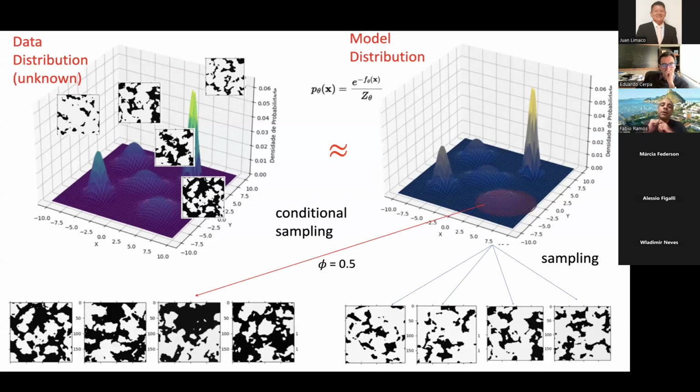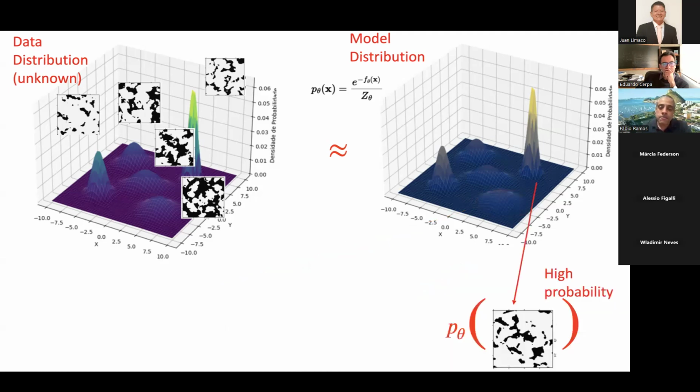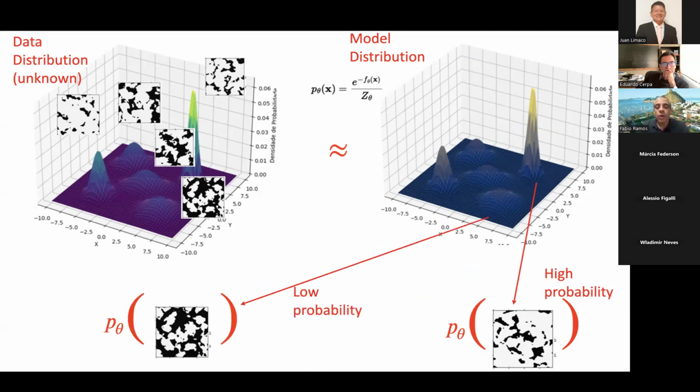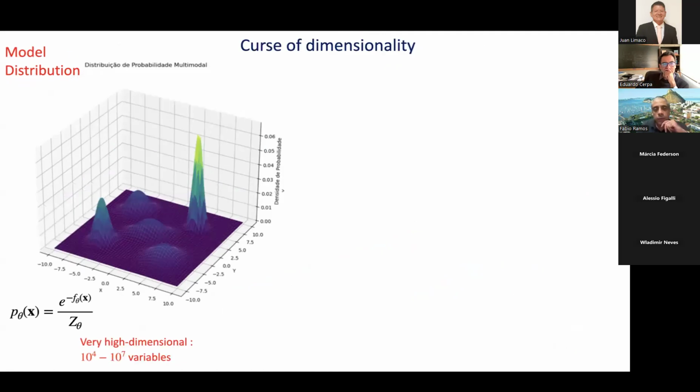I want to say, I want a very porous sandstone. Can you give me 4 examples? And I generate for you 4 domains with very large porosity. I also want to say that given an image, this is a very high probability image, or it's a very low probability image. So I would say, well, typically these images fall within this range. That's the kind of thing we want from an applied point of view.